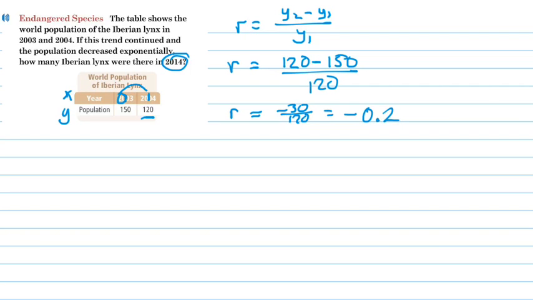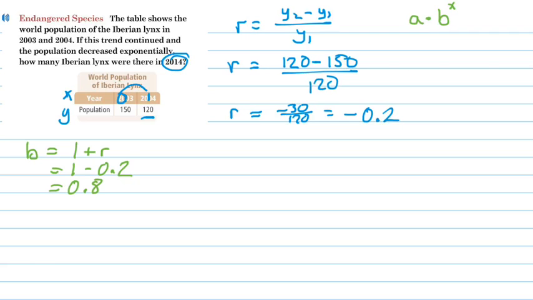Now, we have to get that to our b. And to find our b, because we are going to go to that equation, a times b to the x. And so to get b, you do 1 plus your rate. So 1 plus a negative 2/10, so 8/10.